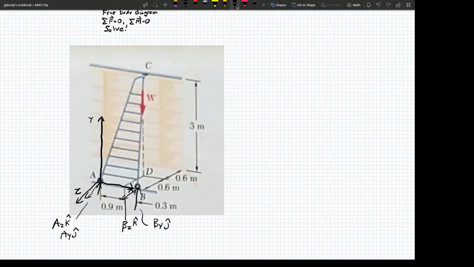Up at C, I've got a single force that can just act perpendicular to that surface. So that's going to be in this direction.